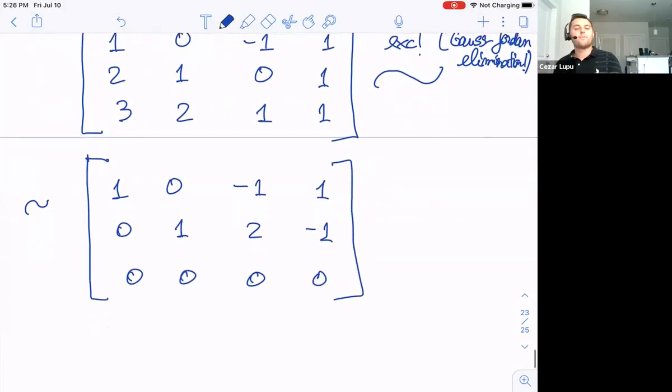So you end up with a matrix which has a row of zeros. What do you think is going to happen to the system? Can you answer me this question? You can also be vocal about it. So what do you think is going to happen to the system of linear equations?